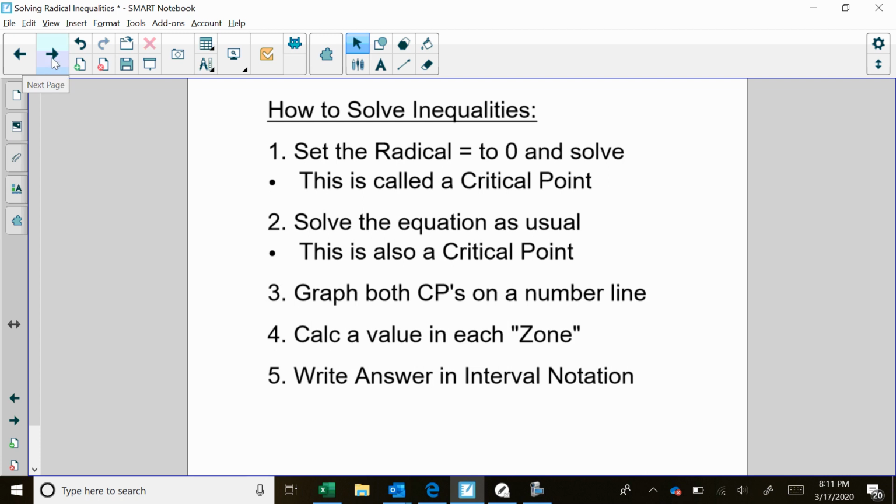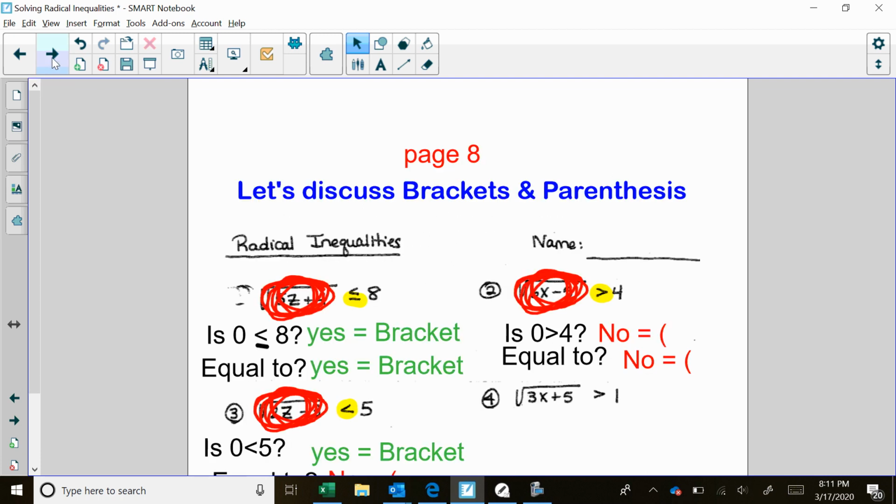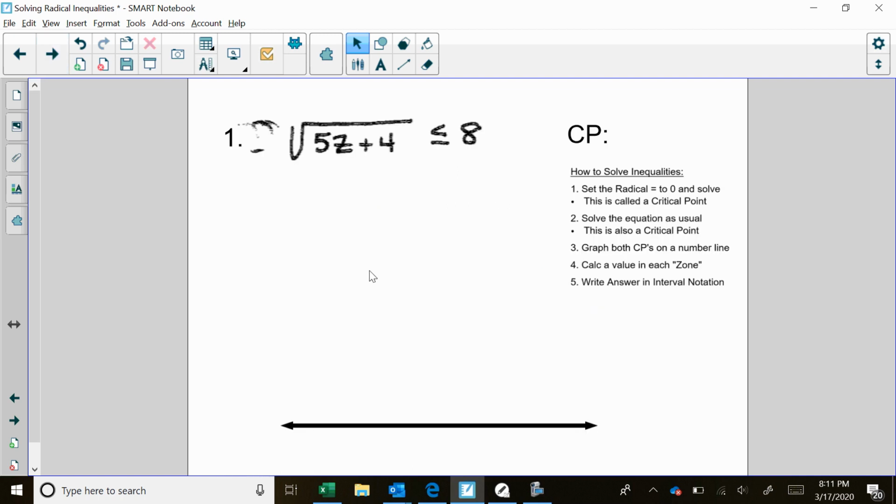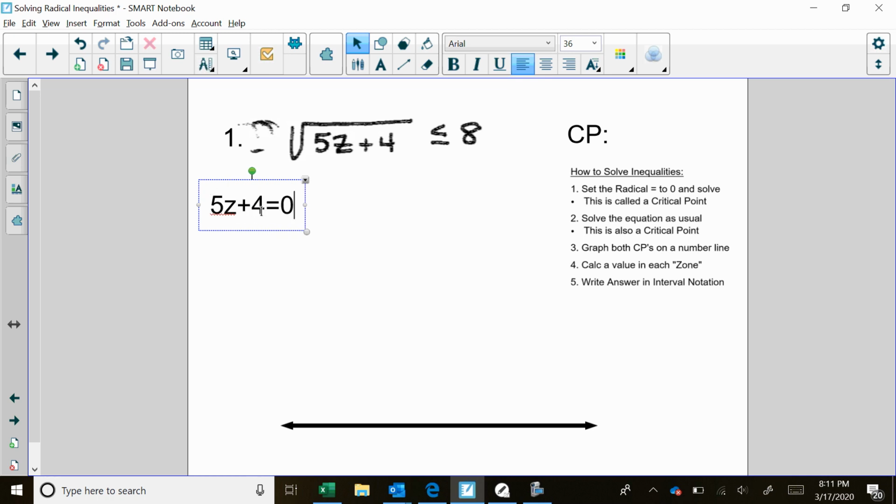All right, so let's go back to this first problem, and I have it set up right here with directions. Here's the directions, okay? So we're going to set the radical equal to 0. The radical is 5z plus 4. That gets equal to 0 right here. First direction. Set the radical equal to 0. That's what we've got right there. And we're going to solve that. It's going to be a quick solve.